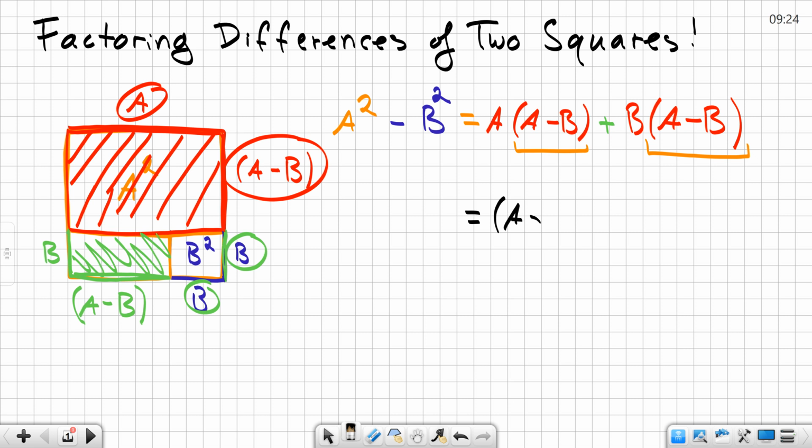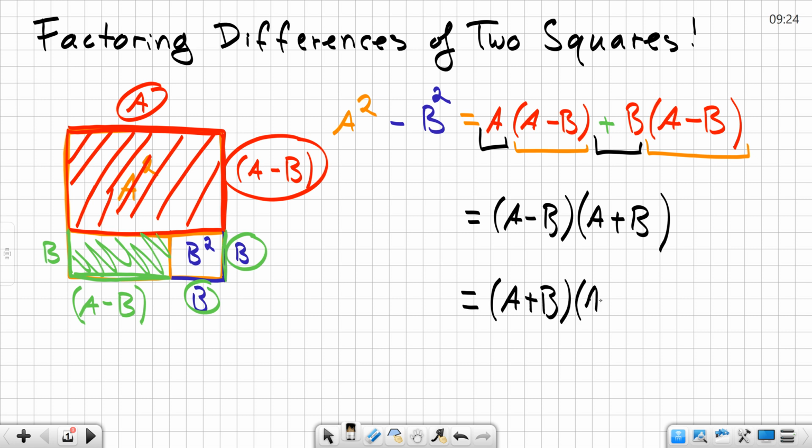This would be A minus B multiplied by, well, this plus this. And this can be written the other way around as well: A plus B times A minus B. And I have a factorization for the difference of two squares.